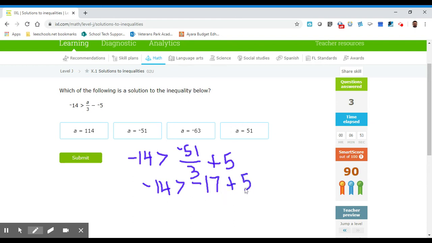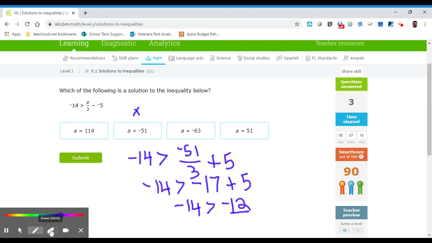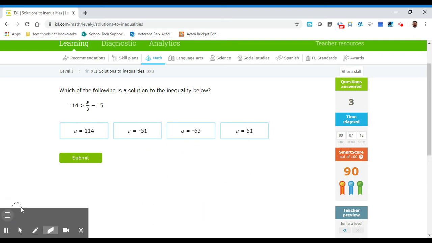Negative 17 plus 5 is going to be negative 12. Okay. Now, negative 12 is closer to 0 than negative 14, which means this is larger. So this is not true. Negative 14 is not greater than negative 12. So this one also is not a solution. Okay, let's move on down the line and see what else we have.